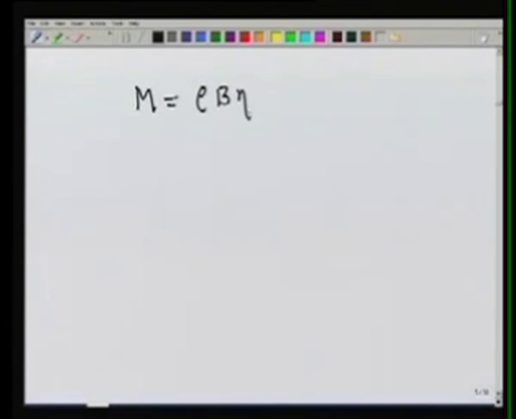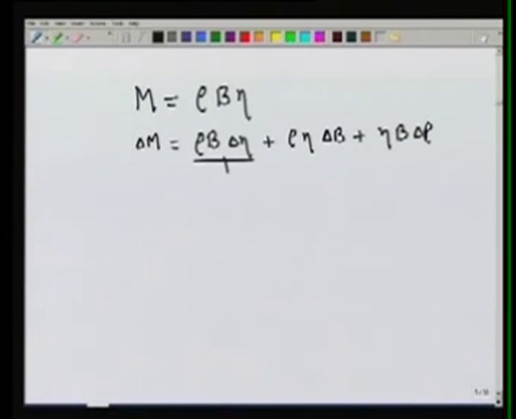So we start with our original mass. Since all these three can change, we can write this as: change in porosity will cause some change in mass, change in formation thickness, and density.